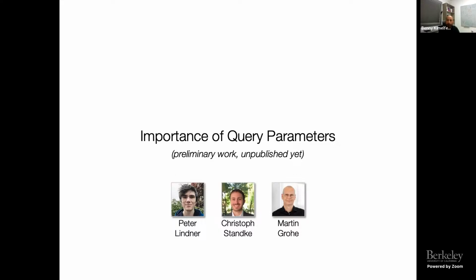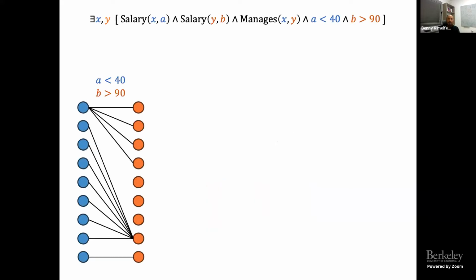Here we wanted to use the concept of a cooperative game, Shapley value, to measure the importance of query parameters. Let's look again at the query we started with, high salary, low salary. But now I spell out what I mean: low is smaller than 40, high is higher than 90, whatever currency you want.